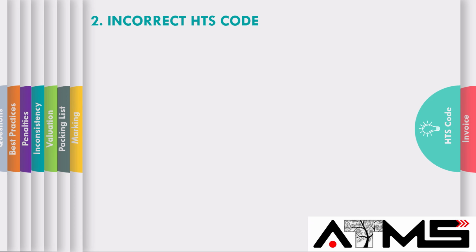Another frequent and serious issue is the use of an incorrect Harmonized Tariff Schedule HTS code. Under 19 U.S.C. 1592, CBP can impose penalties for false or inaccurate documentation, regardless of intent.